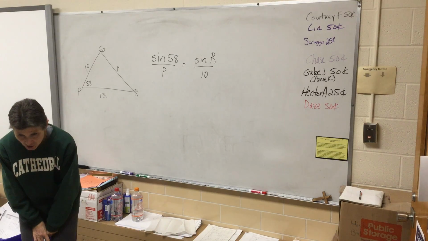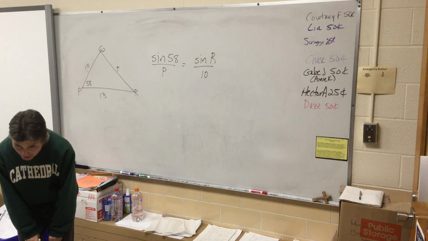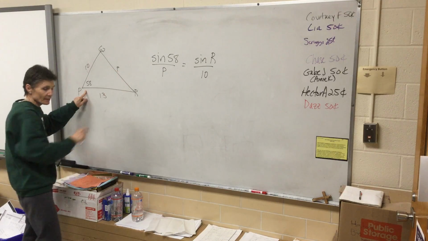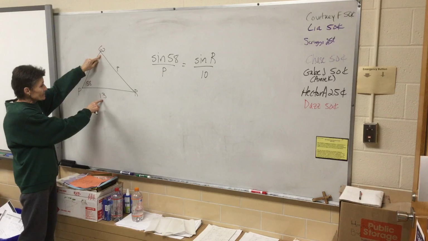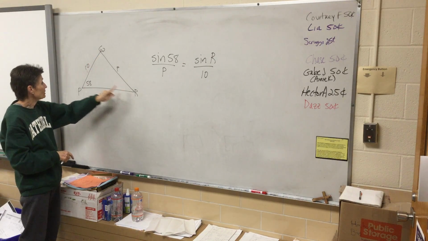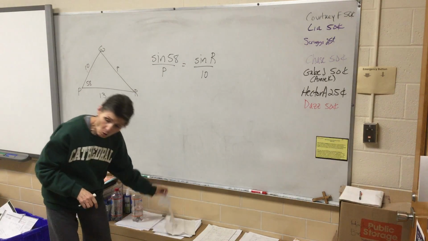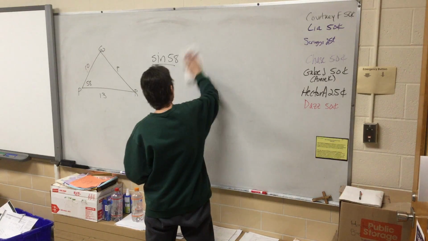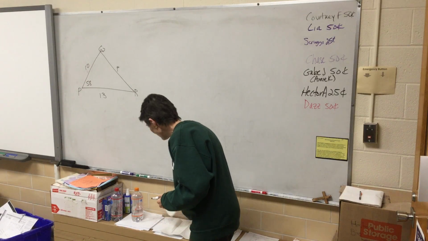You have to start with a set that you know. So, do I know angle P and side P? No. Do I know angle Q and side Q? No. Do I know angle R and side R? No. When you don't have a set, you can't do the law of sines for exactly the reason that you said. You have too many variables.